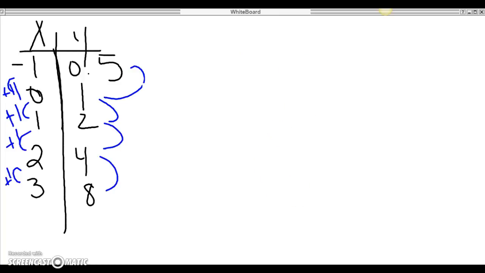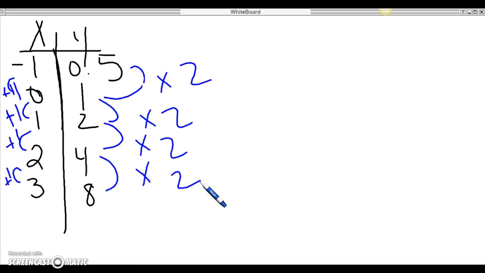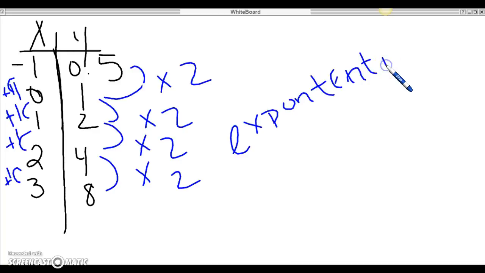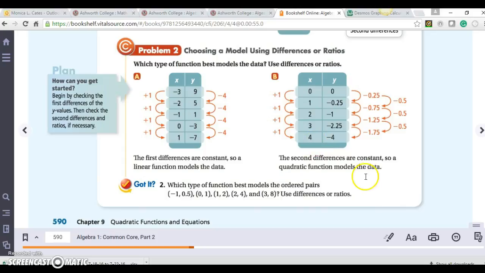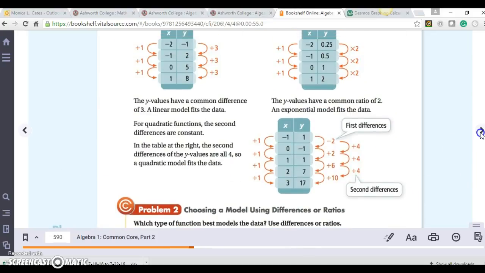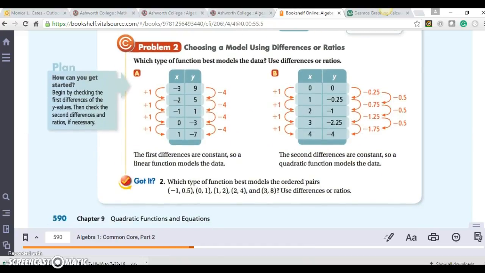So 1/2 times 2 gives me 1, 1 times 2 is 2, 2 times 2 is 4, and 4 times 2 is 8. So that means that if I'm multiplying, it's an exponential. So it's an exponential model. Okay, so I hope this helps.